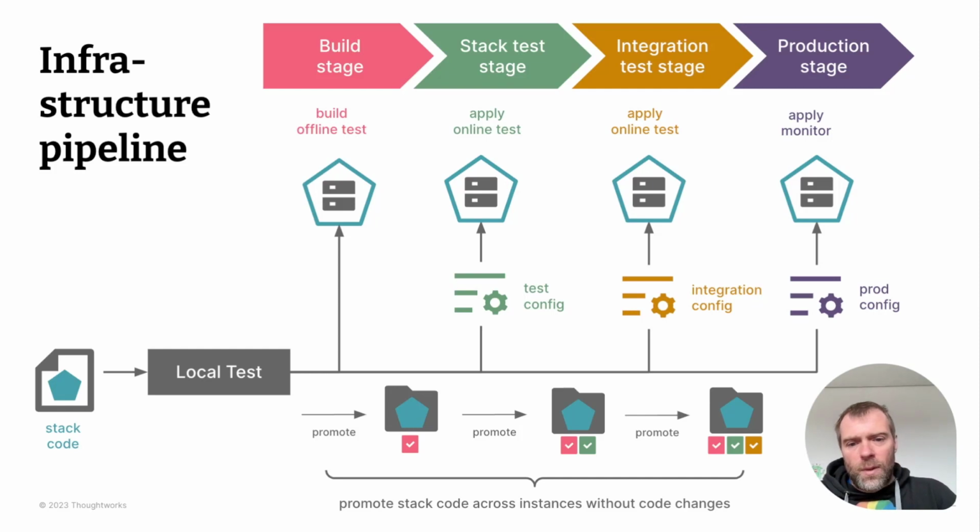And once again, I want to mention that this promotion of the stack code across multiple stages happens without any code changes, because the only changes that you make when applying the code to different stages is a change of configuration. So the infrastructure code as such should stay completely the same across all stages.